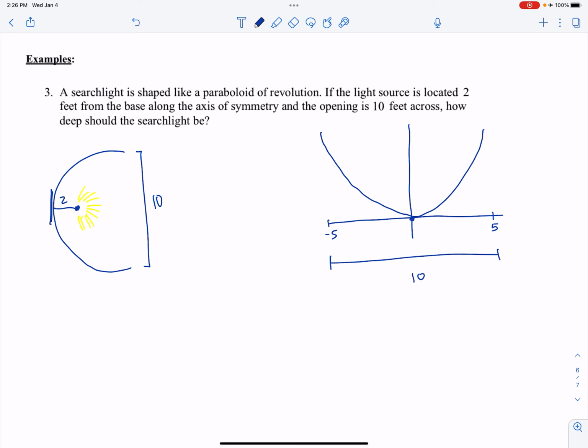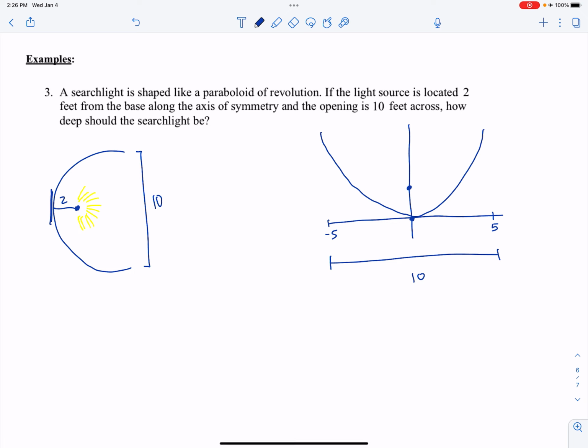So from that axis, it goes up to 5. Of course, we know that parabolas go forever, but in this particular case, we're only interested up to 5. And then we know that we have our light source up here at 2.